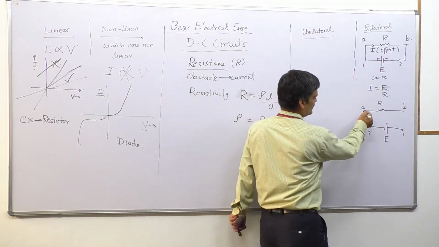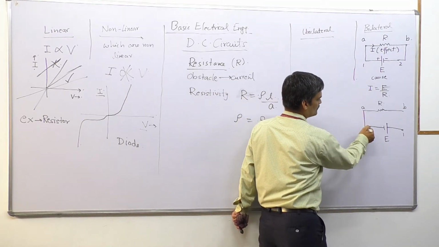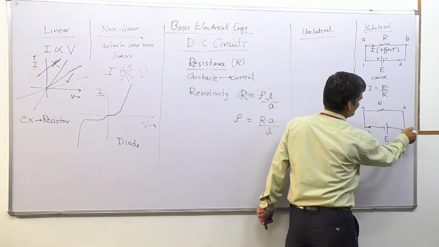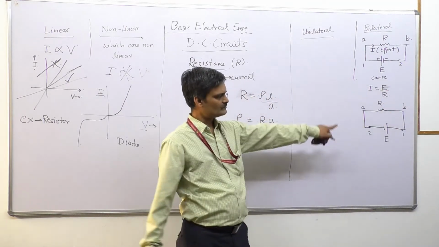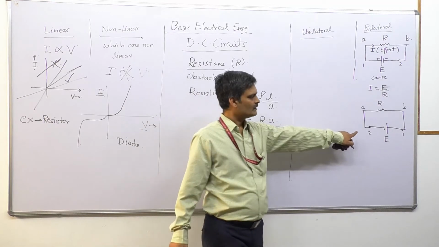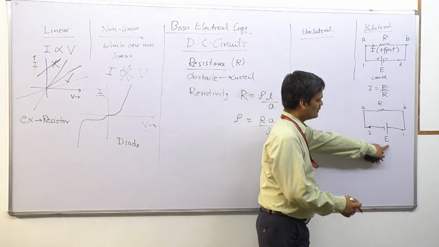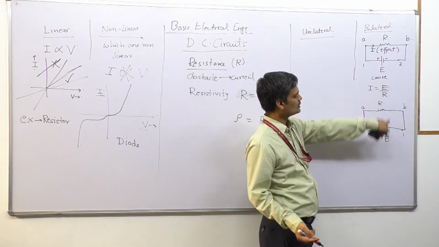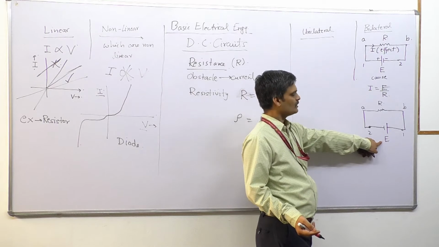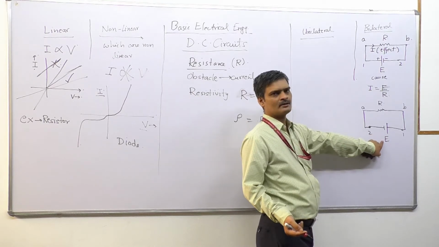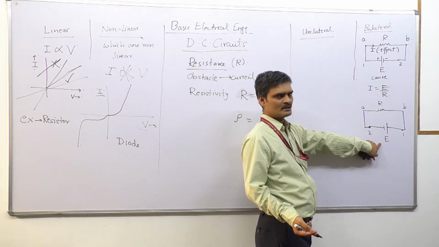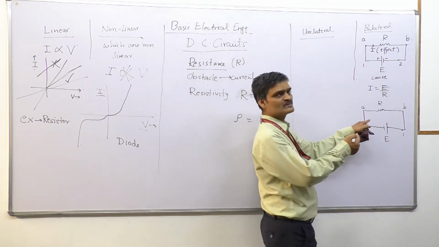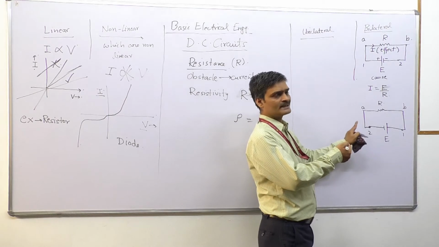Now we connect terminal A of the load with terminal 2 of the source and terminal B of the load with terminal 1 of the DC source. We have only changed the direction of cause E. Does the change in direction of cause E produce any effect over the magnitude of the response, not the direction?